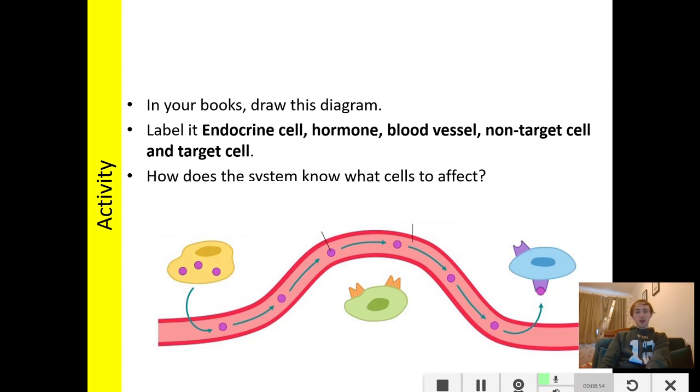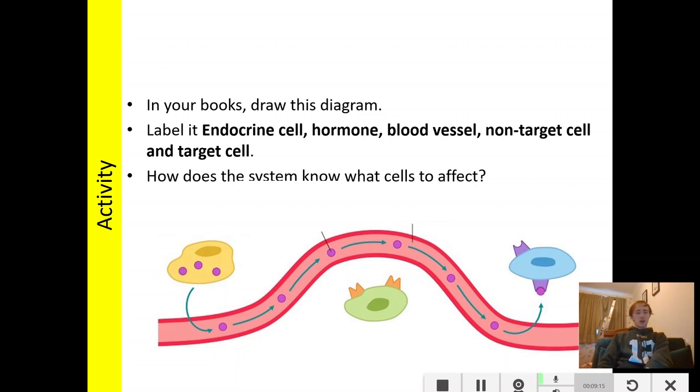But all of the cells that are affected by testosterone have to have a testosterone-shaped receptor on the outside. So the cells in my face do, the cells all over my body do for body hair, my shoulders, the cells in my muscles, the cells in my genitals, they all have testosterone-shaped receptors.